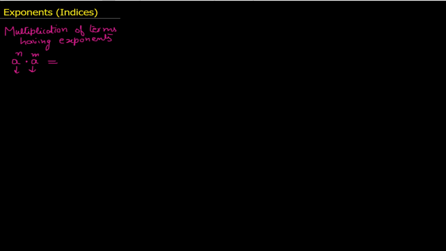But if the base is same, then the answer would be the base a raised to the power n plus m. The exponents will be added. So this is the multiplication of the exponent. This is not the addition. The exponents will be added, and it will be very clear to you when we take the next example.